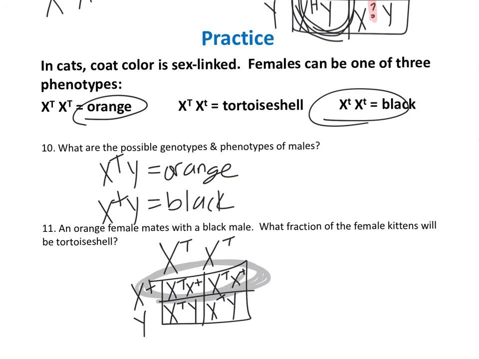So what fraction of the females would be tortoise shell? Well, I've got one that is tortoise shell here and another one. They both will. So 2 out of 2 would be tortoise shell of the females. So I can simplify that.